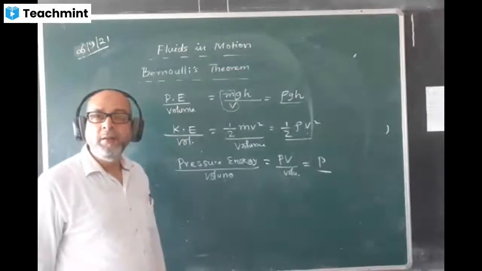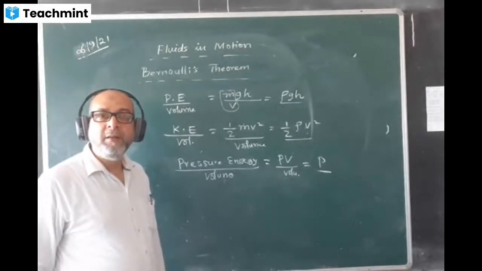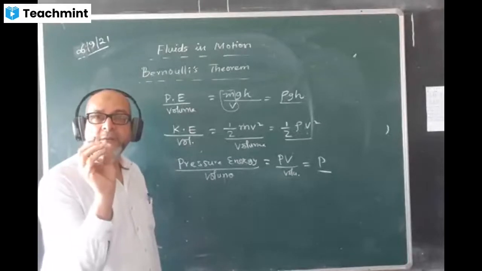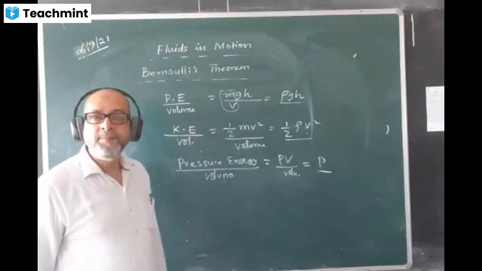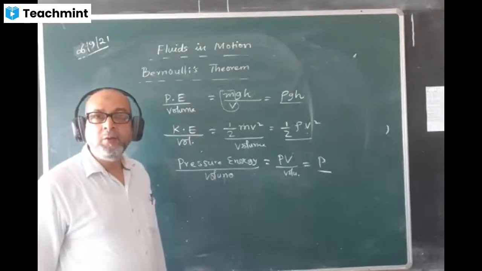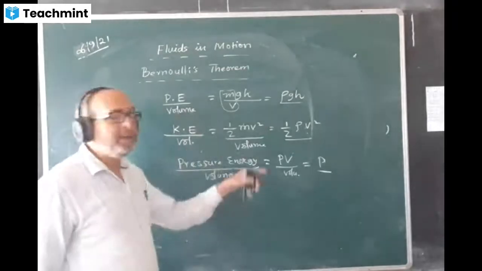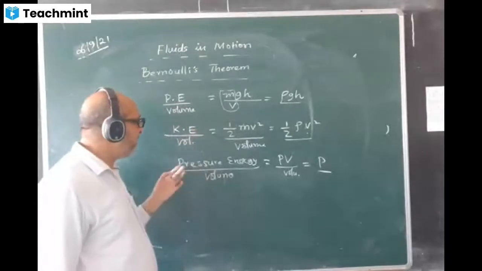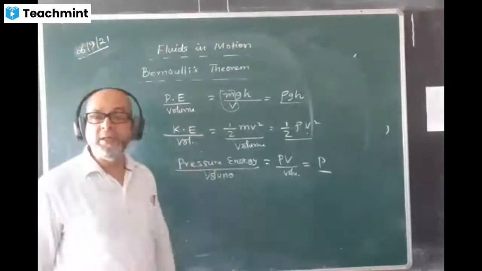Non-compressible and non-viscous, means the fluid which is not sticky. The total energy per unit volume remains constant. Total energy means potential energy, kinetic energy, pressure energy, but per unit volume.